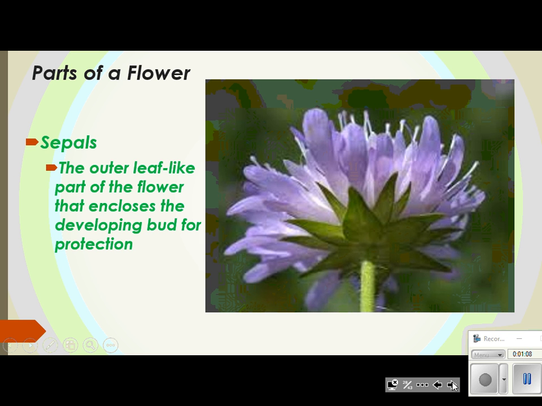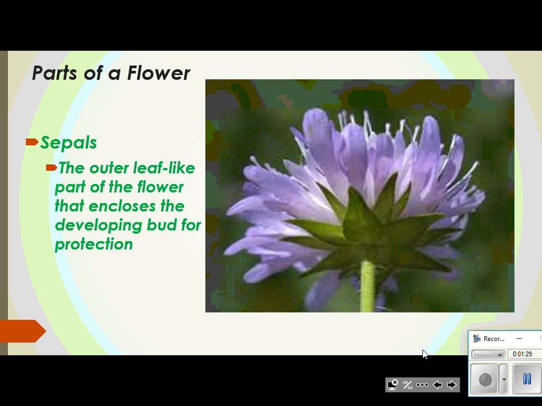call the sepal. So find sepal on your chart and write down the definition for the sepal. The sepal is the outer leaf-like part of a flower that encloses the developing bud for protection.